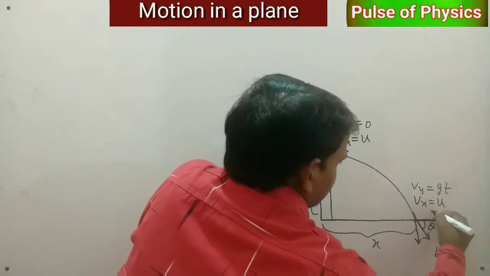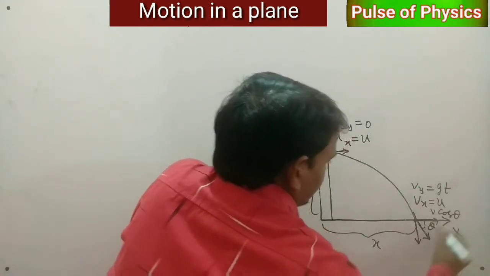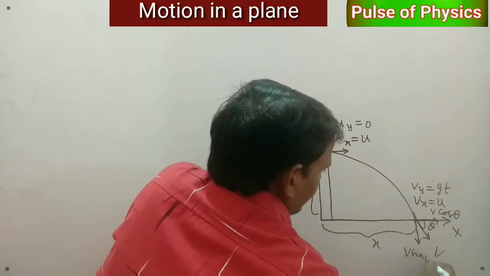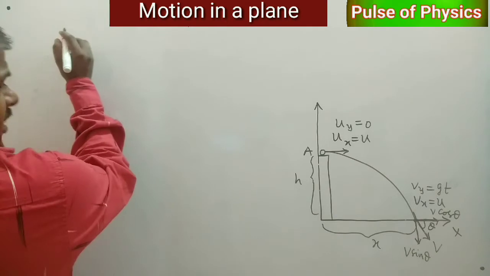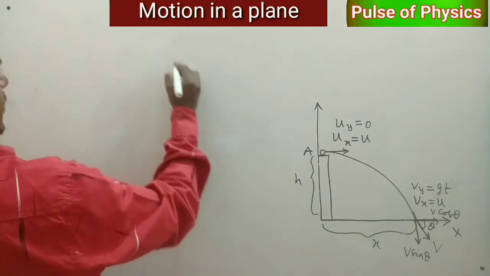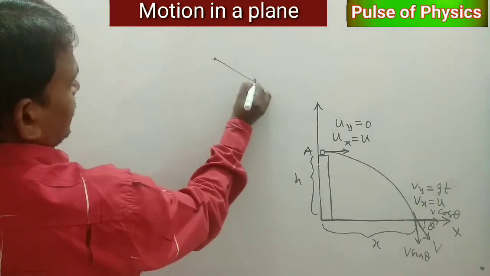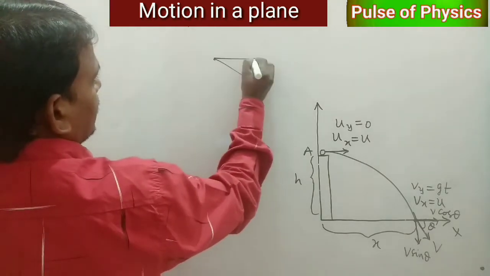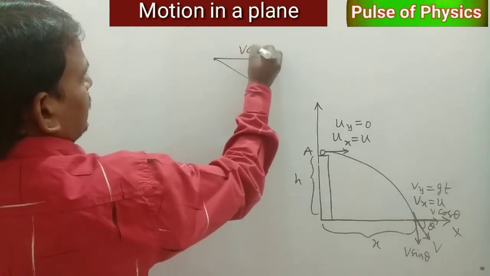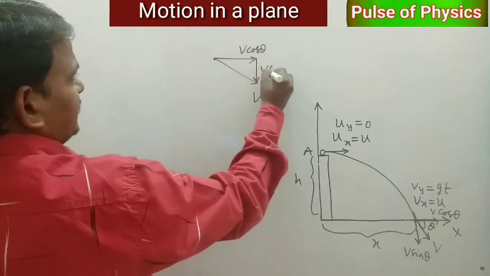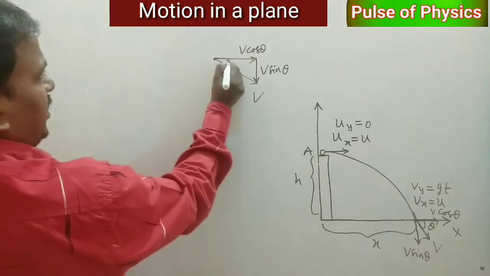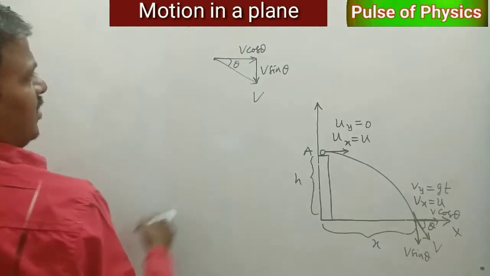Here this is v cos theta, this is v sin theta. Right? It is v. Here we see that at that point v cos theta. Now I construct equal vector here. It is v sin theta. This is theta. Right?